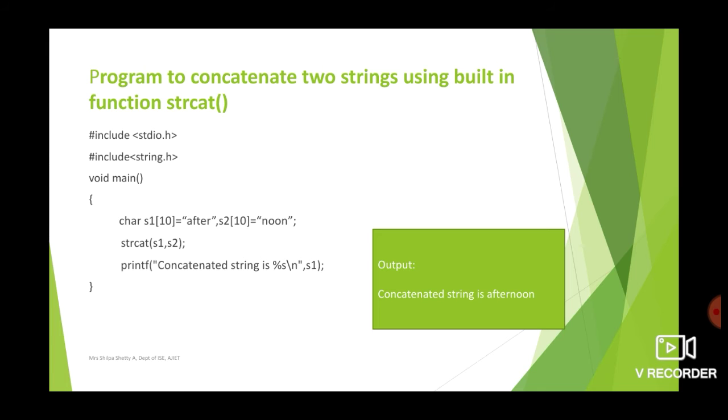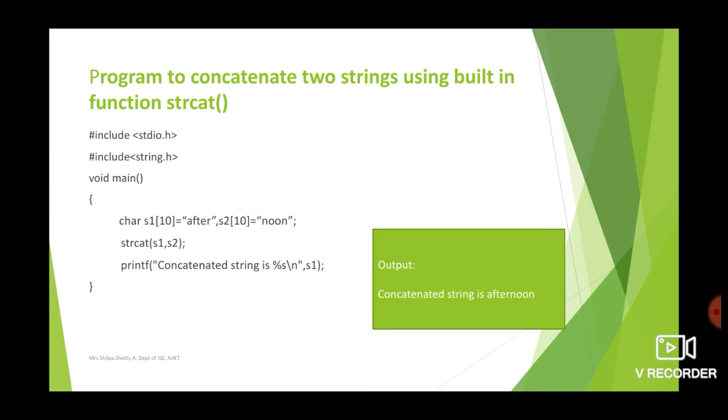The two strings are s1 and s2. Now we will write strcat(s1, s2). When you write this, s2 will get appended to the end of s1. What is s2? It is noon, and s1 is after. So it becomes afternoon.